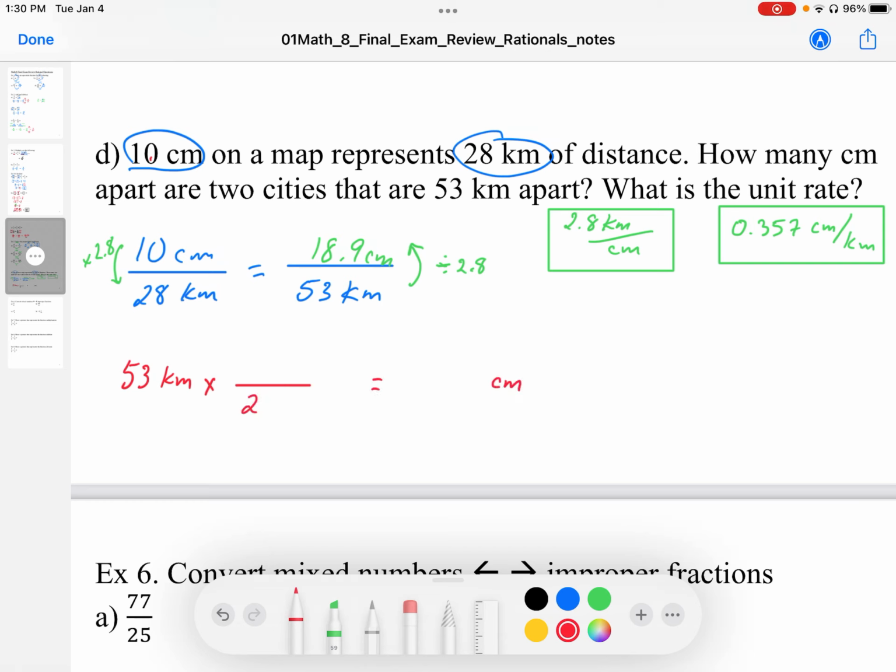That means I put the 28 kilometers on the bottom, 10 centimeters on top. So times on top, divide on bottom. So 53 times 10 divided by 28 gives me the same answer of 18.92. I'm just going to again round that to 18.9.